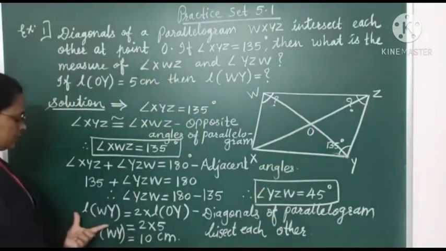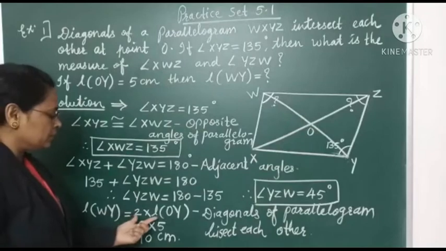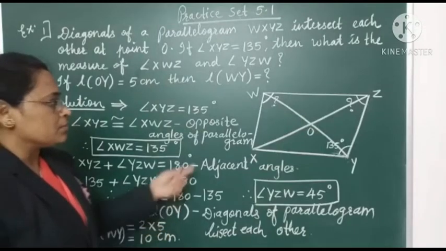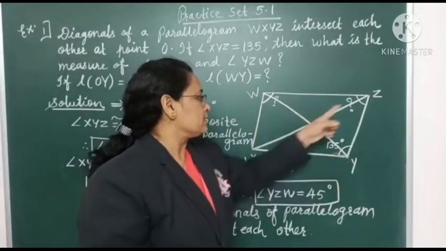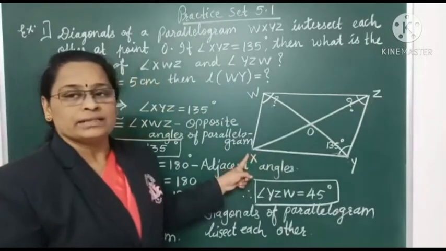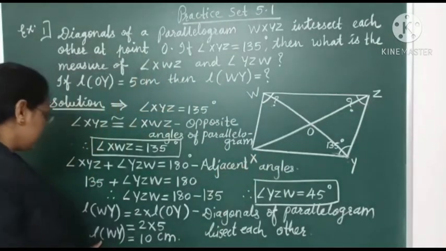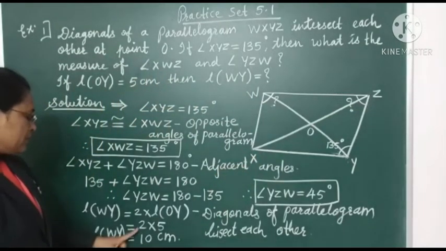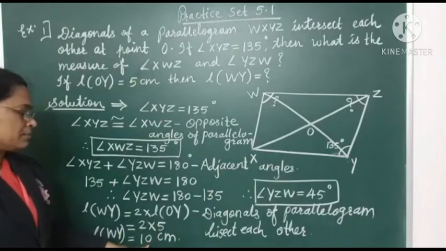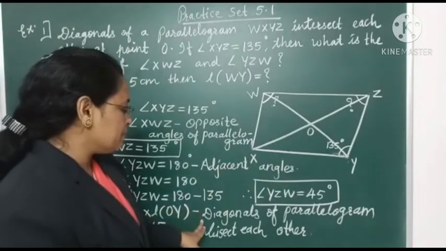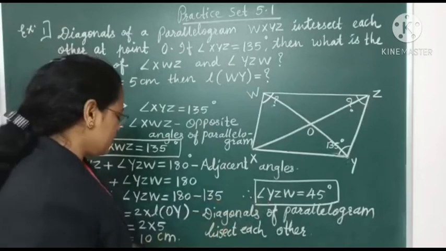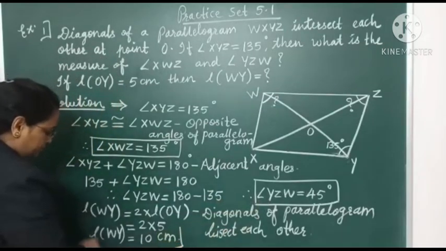So length of WY is equal to double the length of OY, because WY is bisected by the other diagonal XZ. So length of WY is 2 into 5, that is 10 centimeters. Of course we have to write the reason: diagonals of a parallelogram bisect each other.